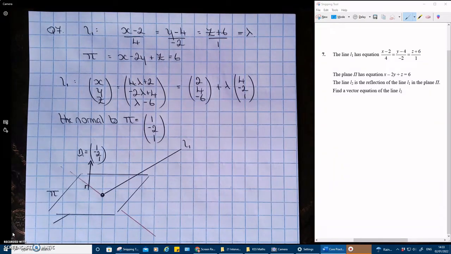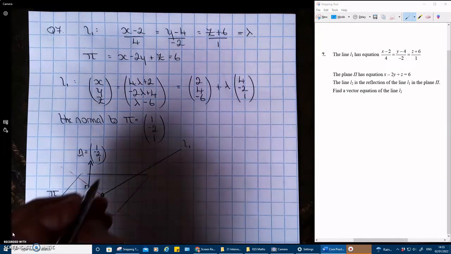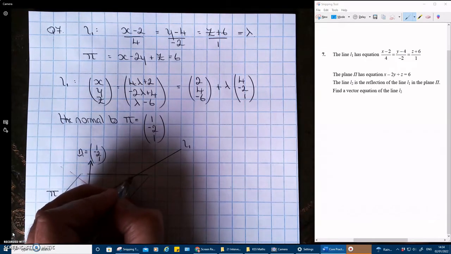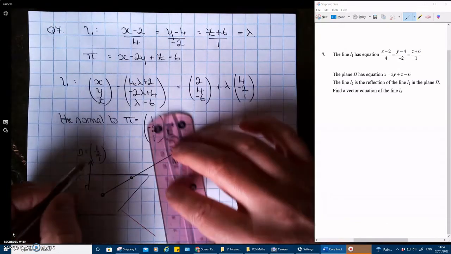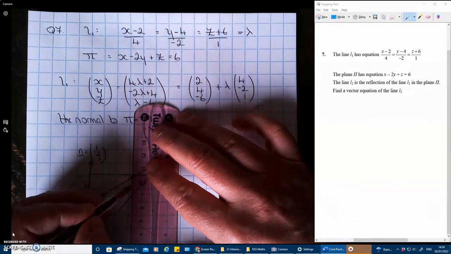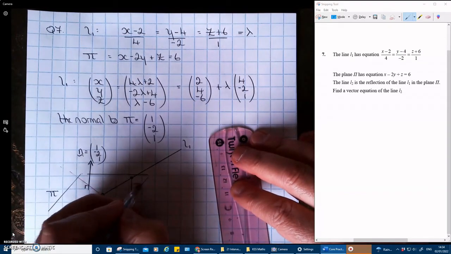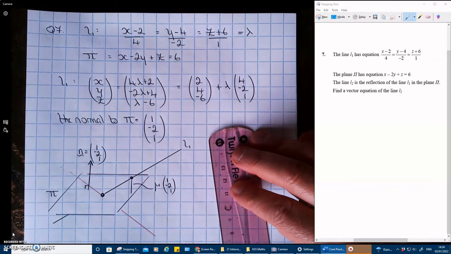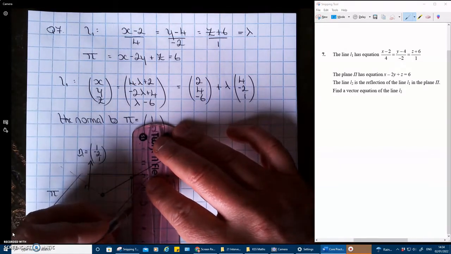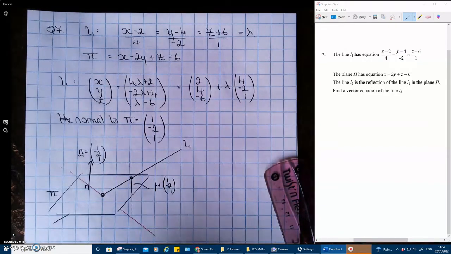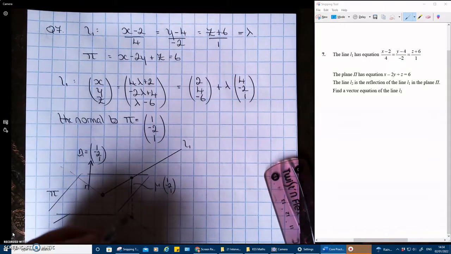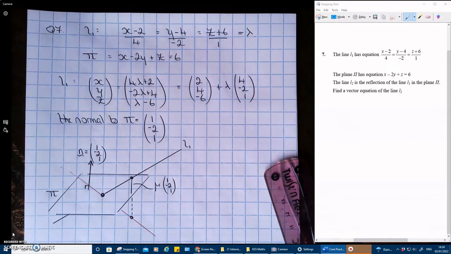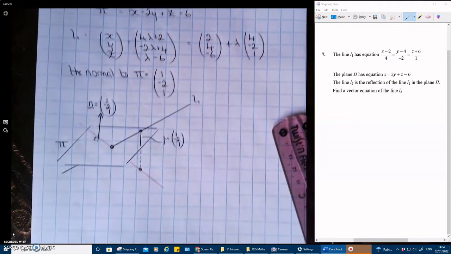We're then going to pick a point on L1, and because we know the direction of the normal, we know this is some multiple of 1, minus 2, 1, and then we're going to double it, or do it again, so we get a point on this line, then we've got 2 points on the red line, and we can find the equation. Okay, that's our general strategy.